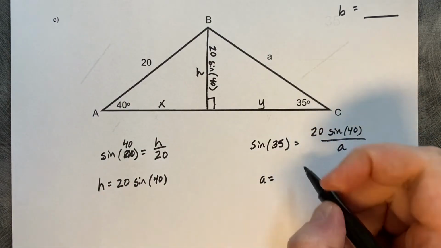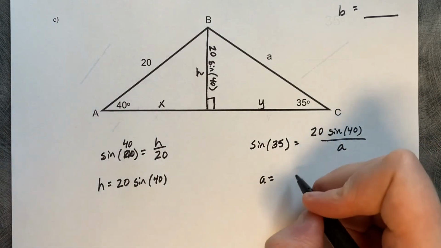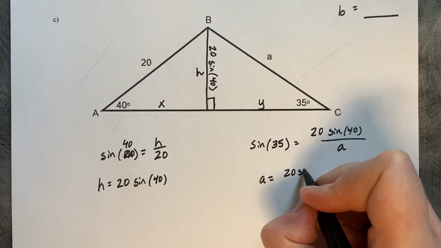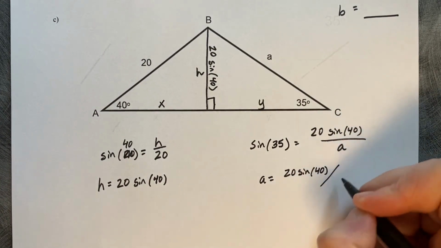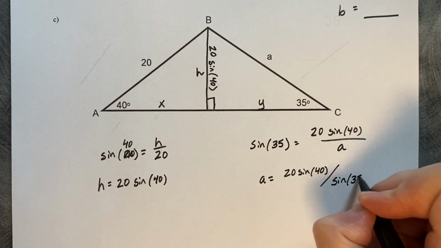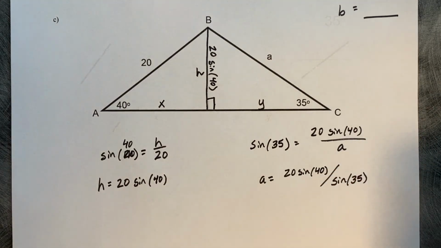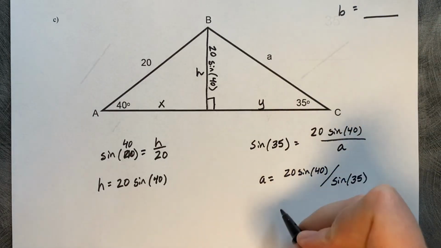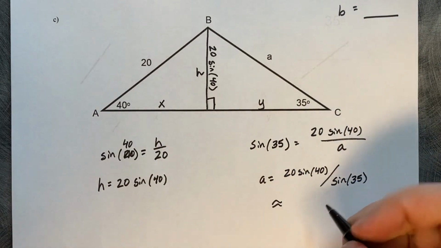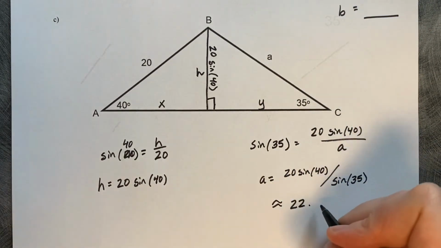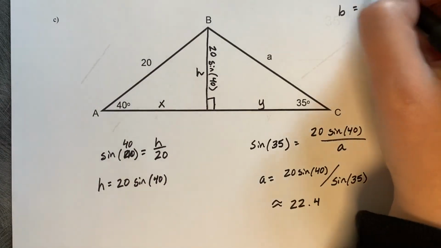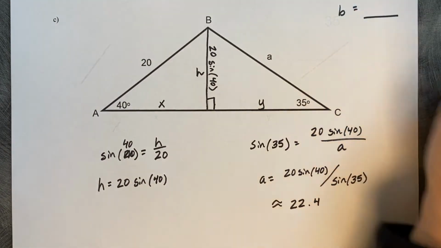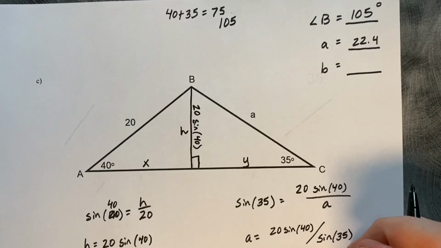So A equals 20 sine of 40 divided by the sine of 35, exactly. That's the exact length of A. Let's go ahead and take it to an approximate, though. The side length of A is approximately 22.4 when you use a calculator.